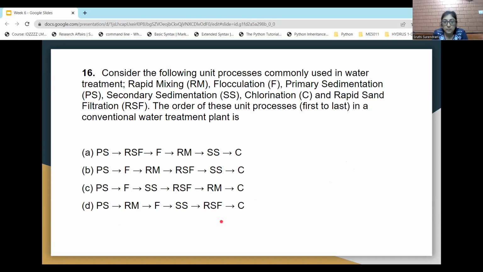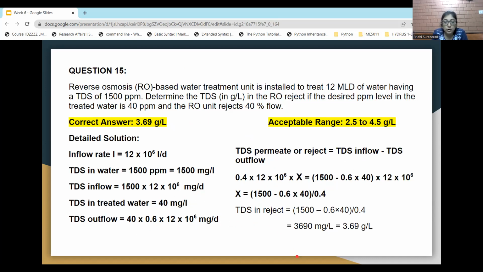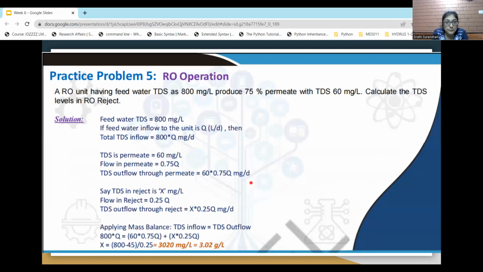So go through this problem once again and also go through this practice problem in RO operation, which is given in the lecture material. It deals with a similar methodology where they have given us the TDS and said that 75% of the water is being treated, obtaining a permeate, and the rejected water is 60 milligram per liter TDS.